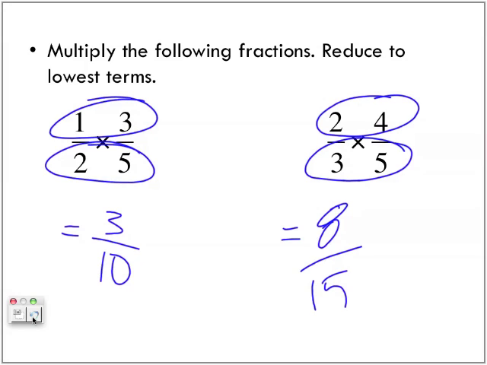Can I divide anything into top and bottom? No, so it's already in lowest terms. So they're both correct. Sometimes your final answer is your final answer, and sometimes you have to take that extra step to simplify to lowest terms.